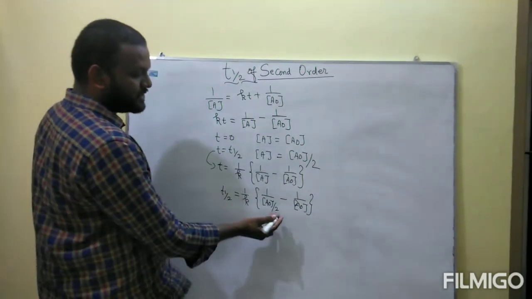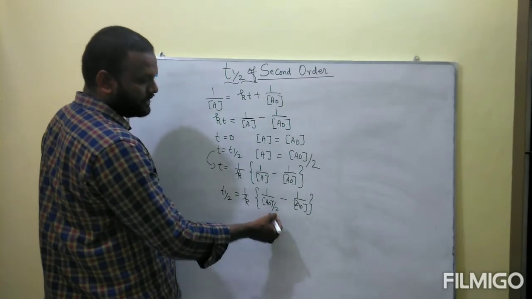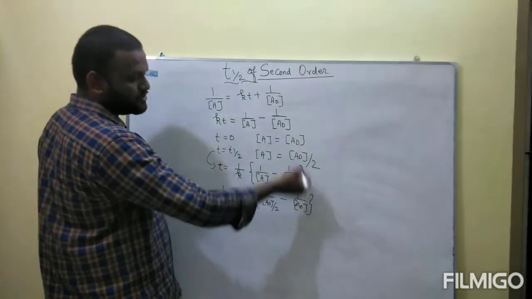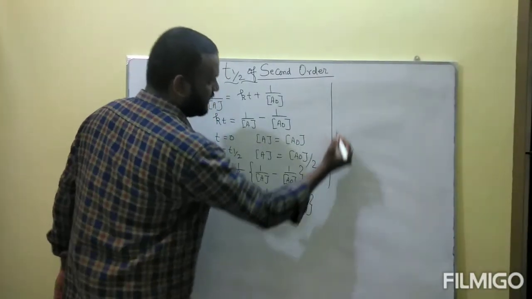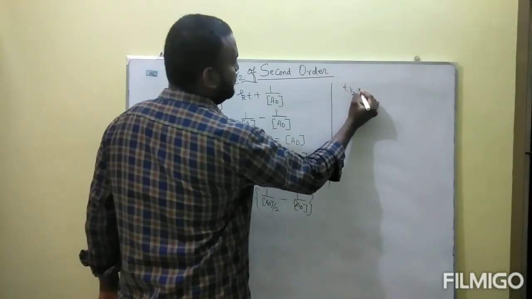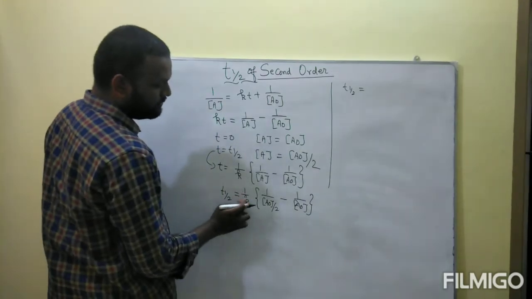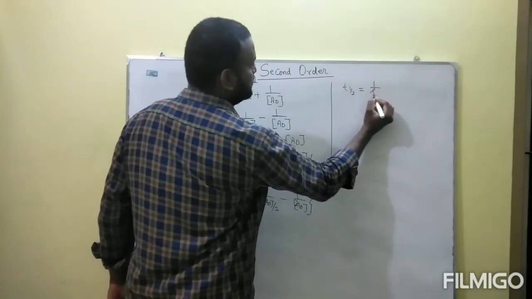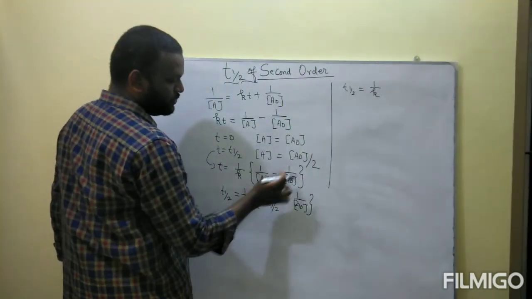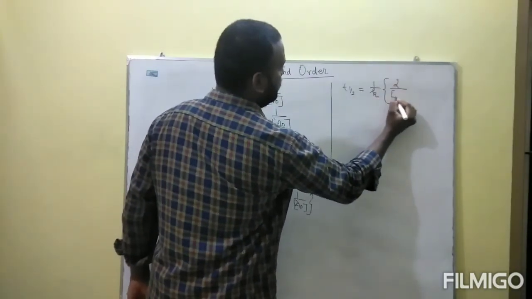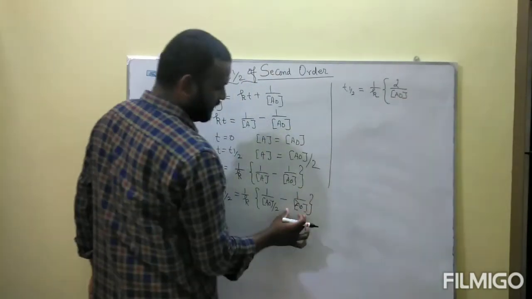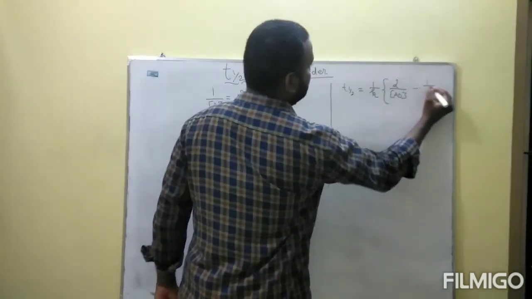Now modify the equation. This 2 in the denominator goes to the numerator. So now the equation is modified as T half is equal to 1 by K, which is maintained here, into 2 by A0 minus 1 by A0.